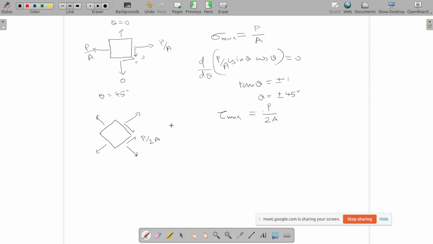And what is the value of normal stress when theta is equal to 45? Normal stress values are P by A sin square theta and cos square theta. Both sin theta and cos theta are 1 by root 2. Therefore, normal stress values are also going to be P by 2A.